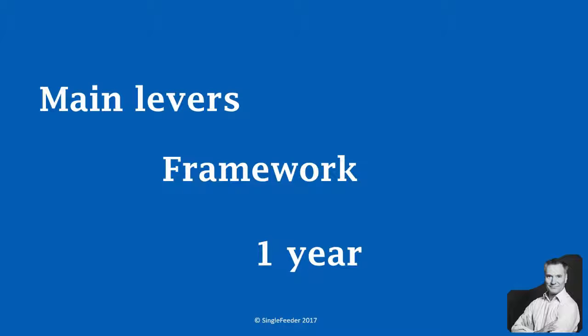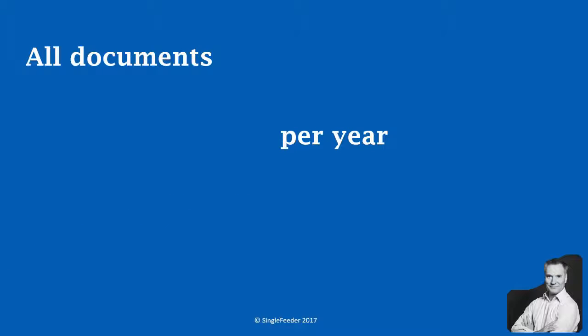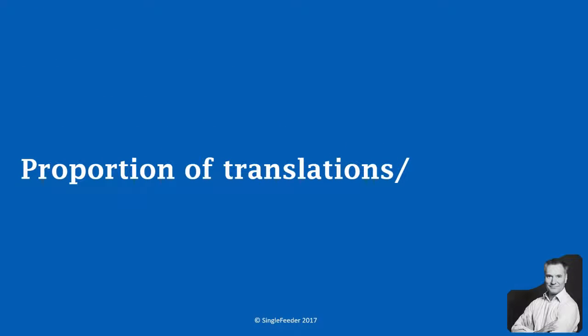For example, 1 year. So first of all, you need to know the volume that you document per year. To have a factor to work with, it is best to convert the total volume of your documentation per year into pages. In order to be able to be precise and later on relate this to the share of translations that you do, you could set each page to a given number of characters.